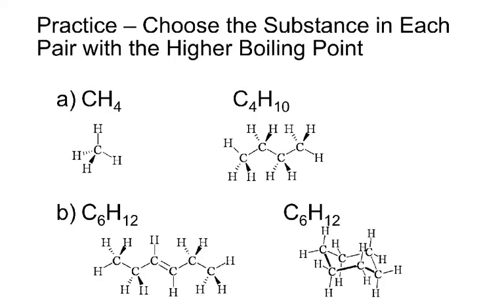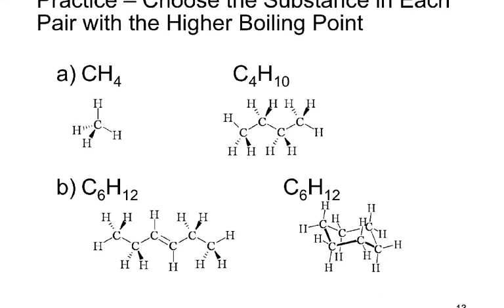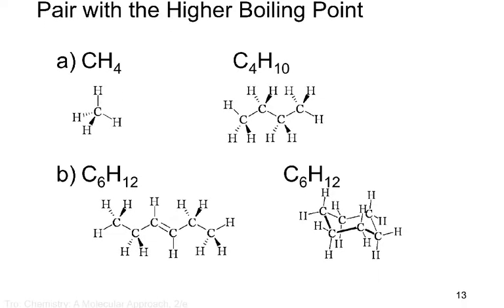So let's practice. Choose the substance in each pair with the higher boiling point. So if we look at letter A, we are comparing CH4, which is essentially circular, to C4H10, which is more oblong. So of those two, C4H10 should be the higher boiling point.